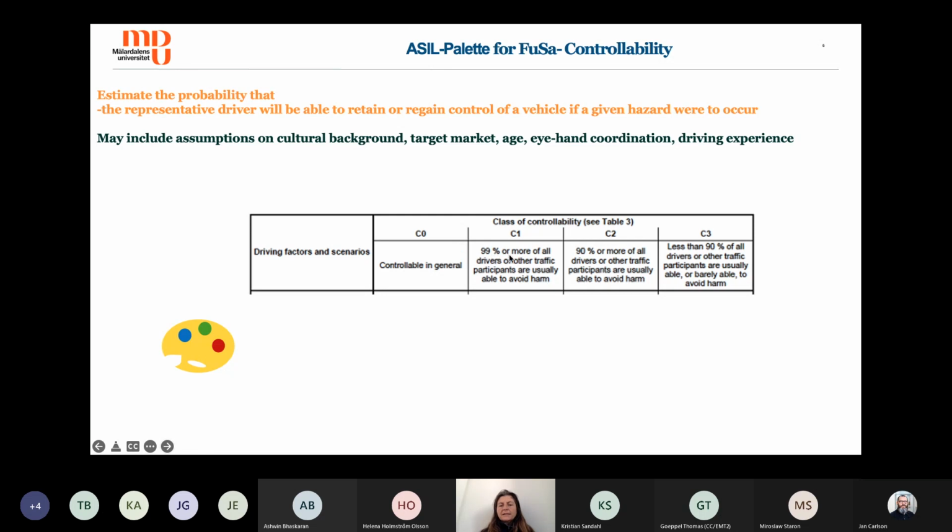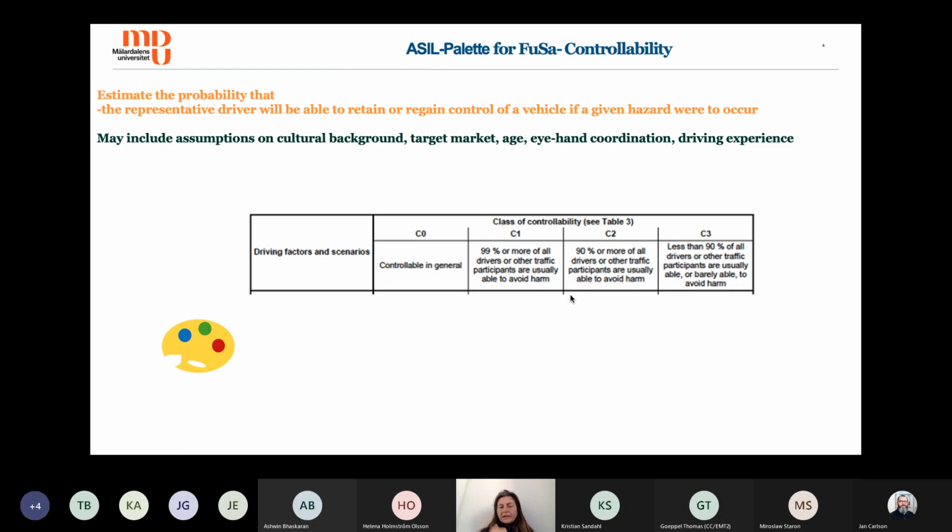C1, 99% or more of all drivers or other traffic participants are usually able to avoid harm. So this is the idea that you can associate a value to controllability.